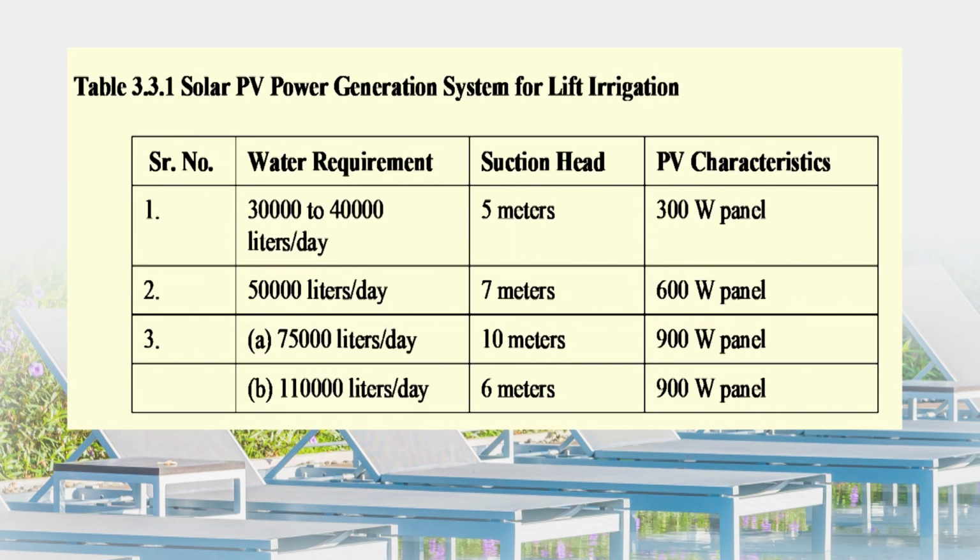If the water requirement is 30,000 to 40,000 liter per day and the suction head is 5 meter, that means a 300 watt panel is required. Similarly, you can go through this table and accordingly decide the PV characteristics, that means how much rating of the PV modules is required.